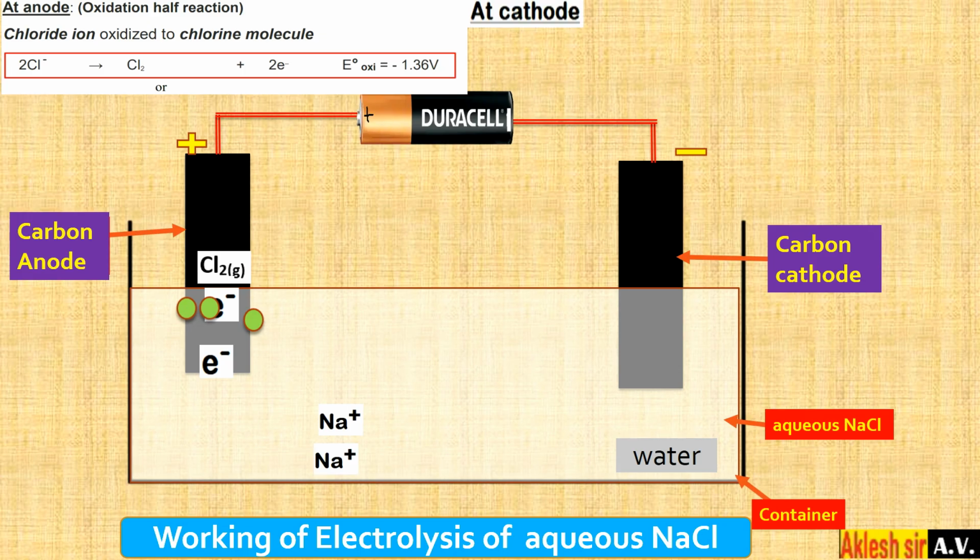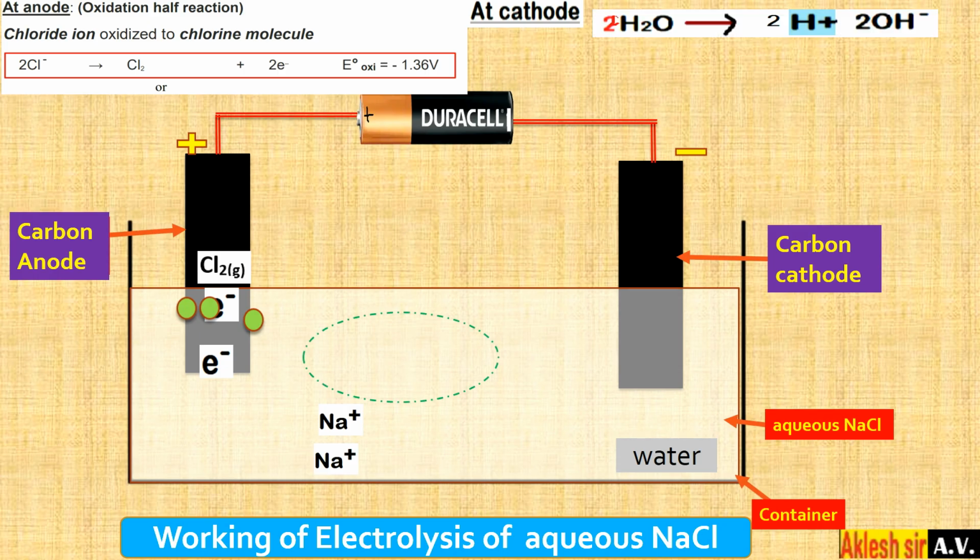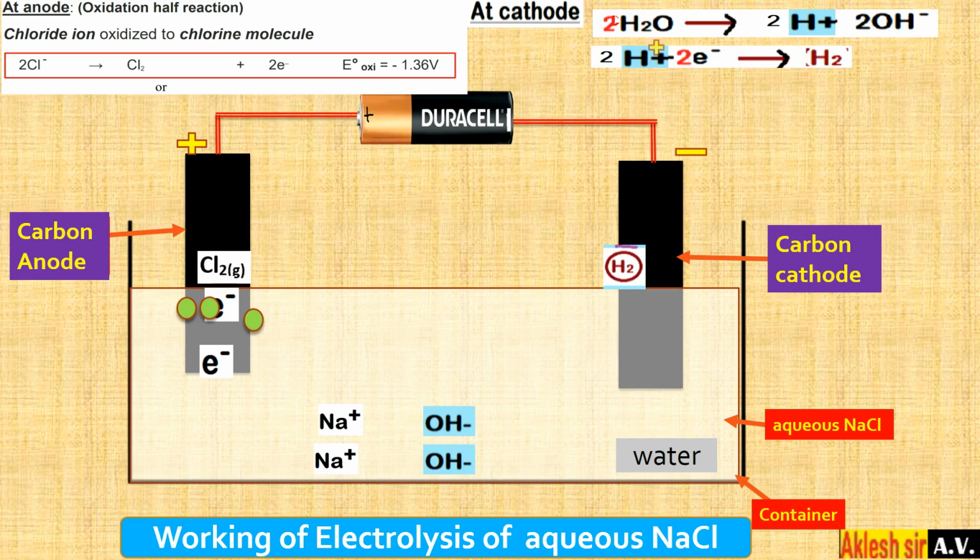Cathode reaction. Here 2 water molecules form 2 H+ ions and 2 hydroxide ions. The 2 hydrogen ions are attracted towards the cathode and accept 2 electrons to form hydrogen atoms, which in turn combine with each other to form hydrogen gas. 2 H+ undergo reduction by accepting 2 electrons to form hydrogen gas.